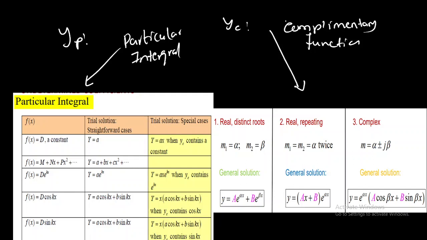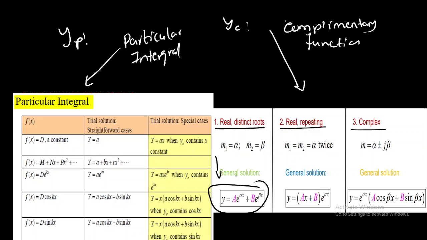To choose your yc, you are guided by the nature of the roots. You have real distinct roots, real repeating roots, and complex roots. If you have real distinct roots, you use this equation: y equals a e to the exponent alpha x plus b e to the exponent beta x.